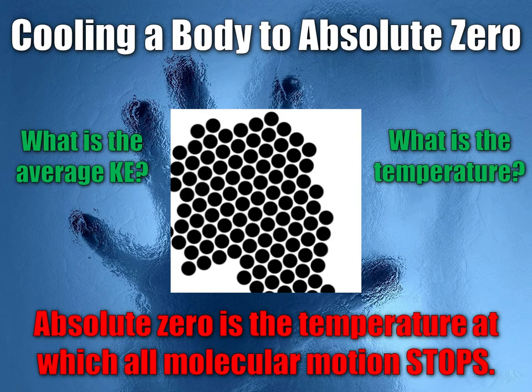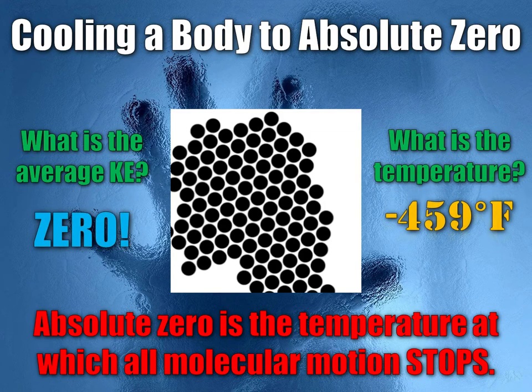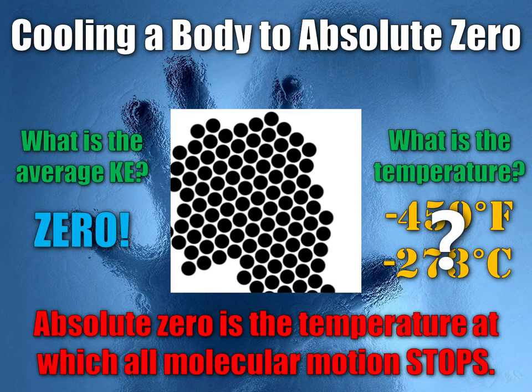So the average kinetic energy of the molecules is 0. And the temperature is absolute zero. It's negative 459 degrees Fahrenheit and negative 273 degrees Celsius. So you see the problem with Celsius and Fahrenheit is that we have 0 average kinetic energy, but we don't have 0 temperature. So this is a complete flaw with these scales.